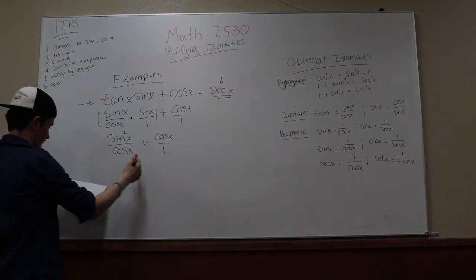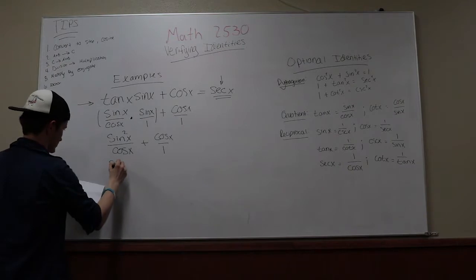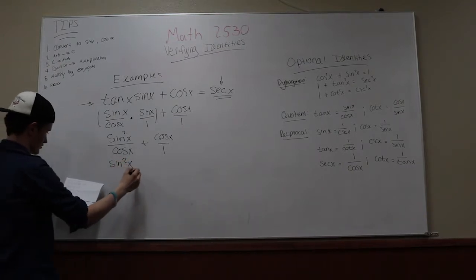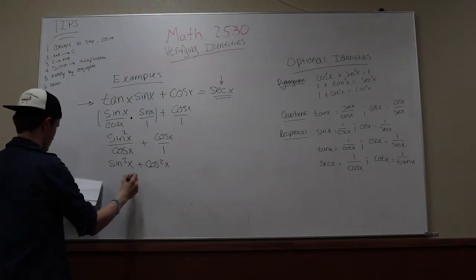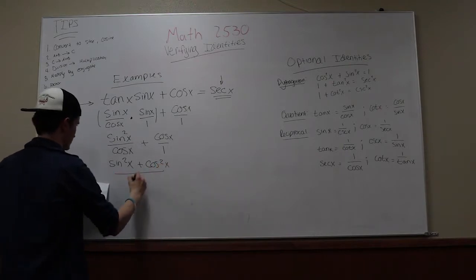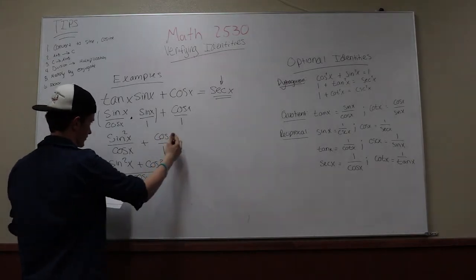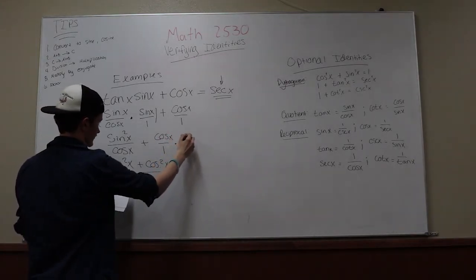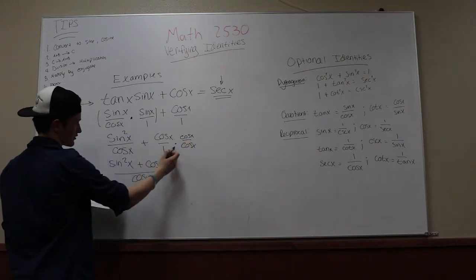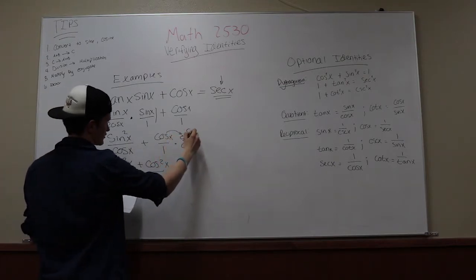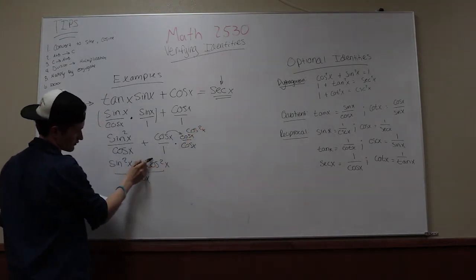And so here we're going to combine them with a common denominator, and it's going to look like sine squared of x plus cosine squared of x all over cosine of x. So here we just multiplied by cosine of x over cosine of x in order to get common denominators, and this right here turns into cosine squared of x, which is how we got this term right here.